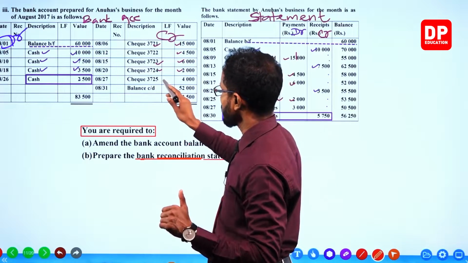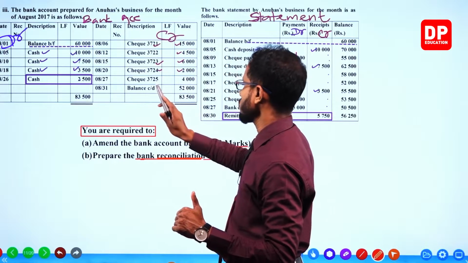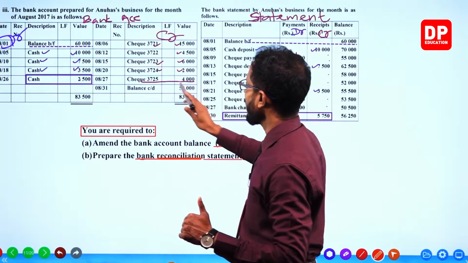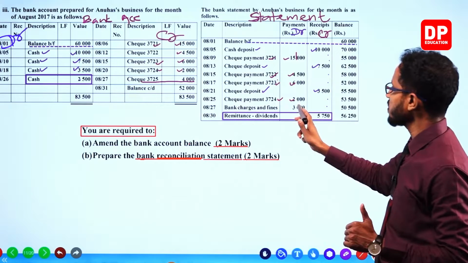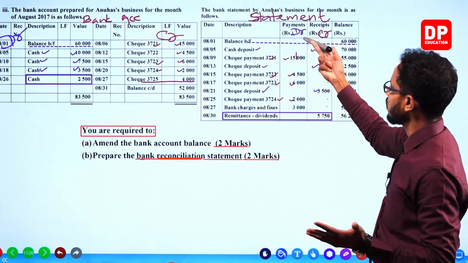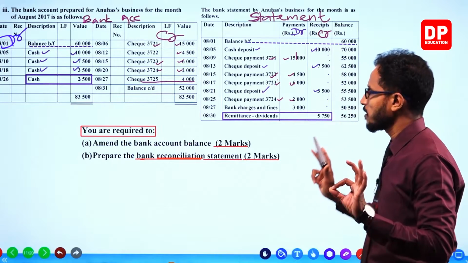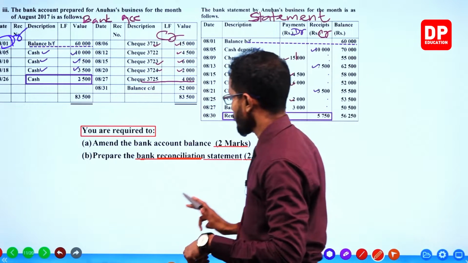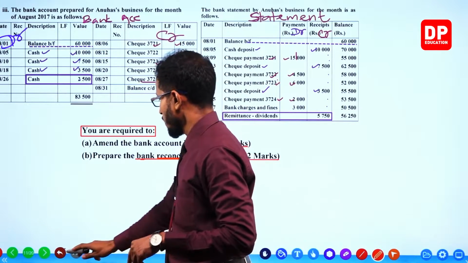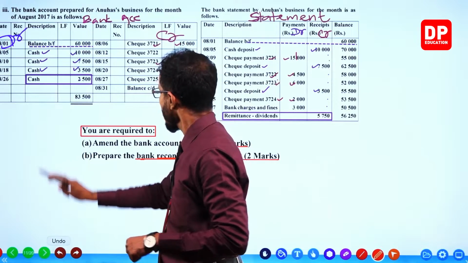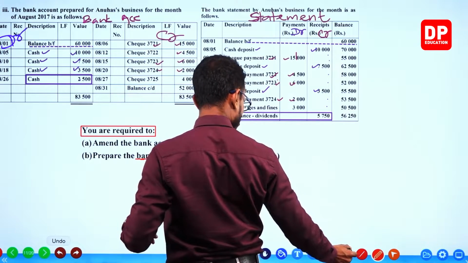But one last item is there, 3725, 4000. That is not here on the debit side. No, it's not here. So let's circle that.